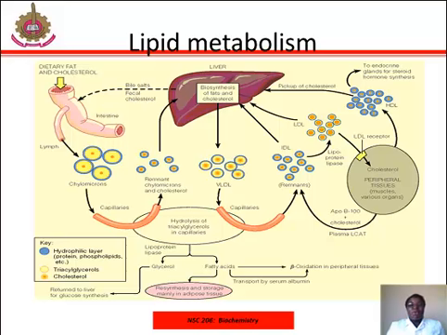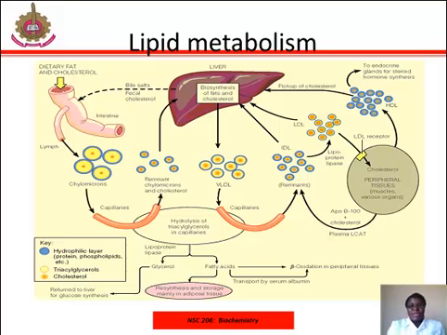In animals, when there is an oversupply of dietary carbohydrates, the excess carbohydrate is converted to triglycerides. This involves the synthesis of fatty acids from acetyl-CoA and the esterification of fatty acids in the production of triglycerides, a process called lipogenesis.